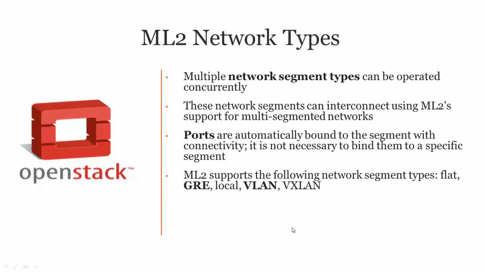For this purpose, the network segment types that Modular Layer 2 now supports are flat, GRE, local, VLAN, and VXLAN. If you want to implement this network type using Modular Layer 2, you need to configure in the configuration file the type drivers: local, flat, VLAN, GRE, or VXLAN.